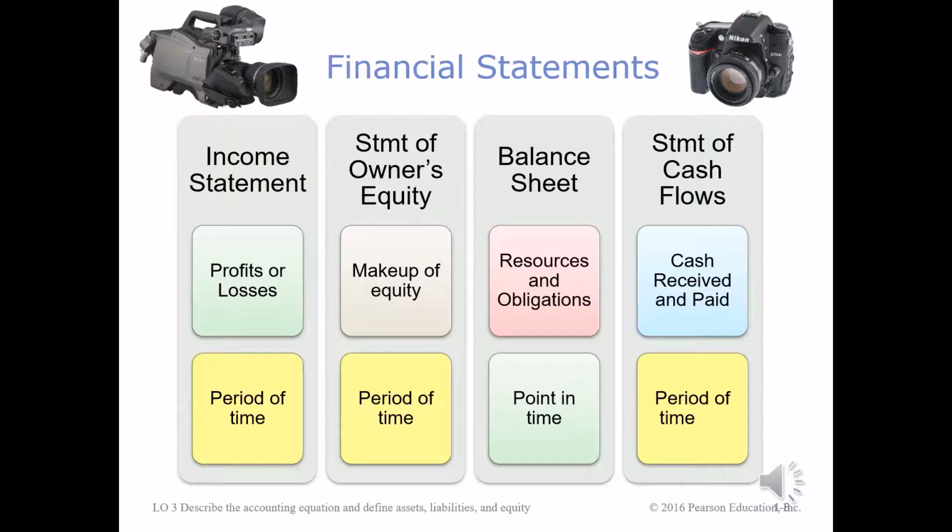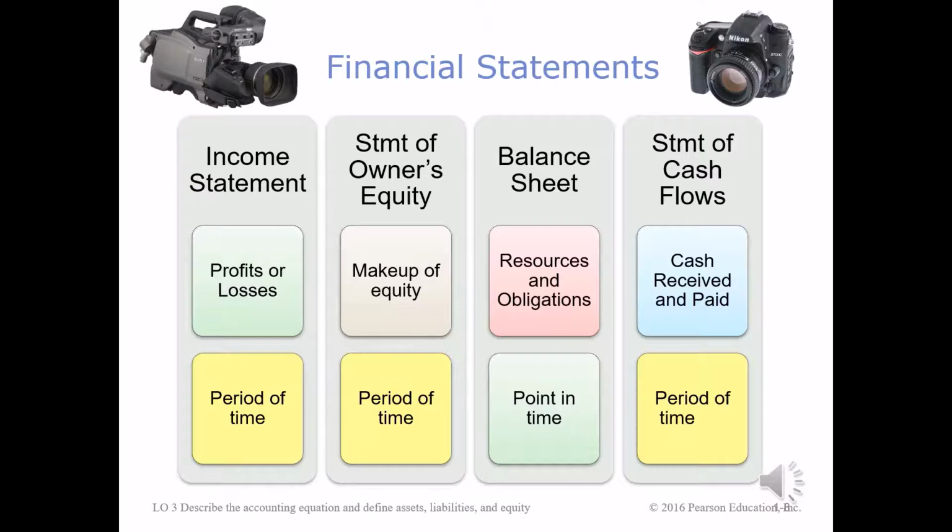The statement of owner's equity reports the equity and what makes up the equity. The balance sheet shows our resources and our obligations, including our total equity. And the statement of cash flows shows a report of where the cash has come from and where the cash has been paid to through the period.